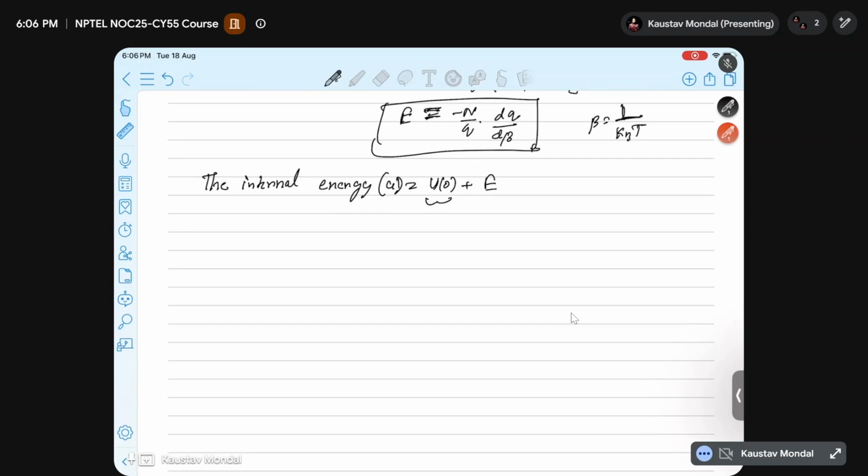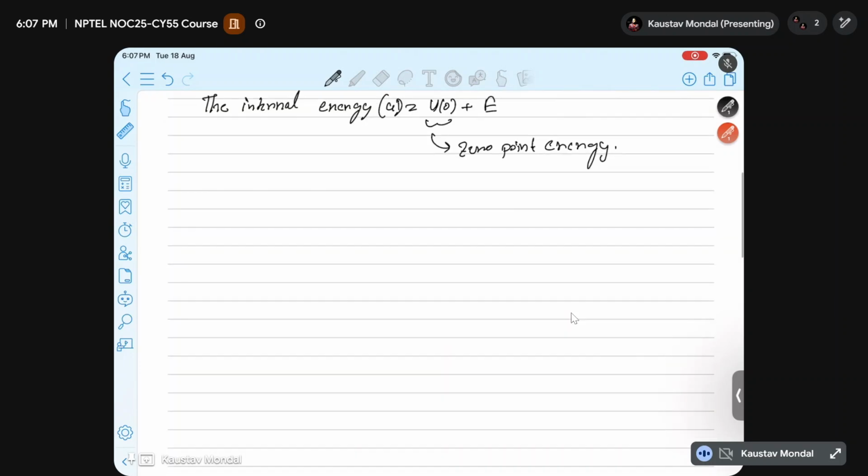So we add the zero point energy to the total energy of the system in order to get the internal energy. After writing the expression of the total energy here, we get the expression of internal energy as U equal to U0 minus N by Q del Q by del beta at constant volume.